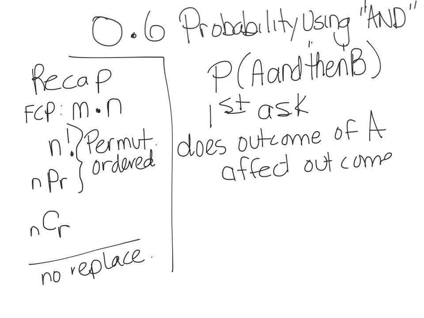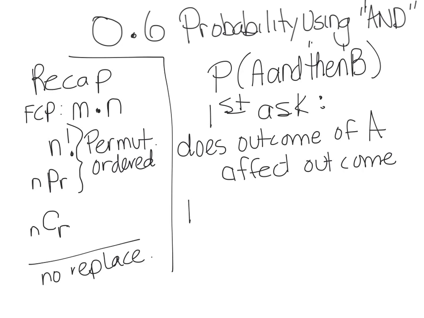So obviously we have two different types. Let's say I flip a coin and then I roll the dice. I have these two events: one is tossing a coin, one is rolling a die. Does the outcome of tossing the coin matter when it comes to rolling the die? No, it doesn't have an effect at all. So the answer to the question would be no.